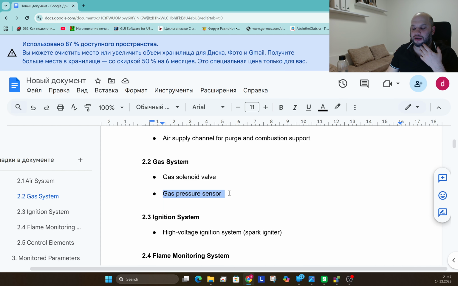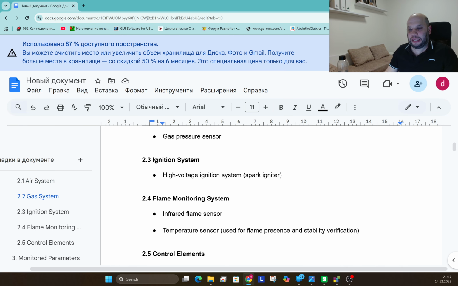Gas pressure sensor on the line. Of course you need to monitor the line. You can use different sensors. It might be a pressostat, or some kind of sensor with analog output membrane. So there are quite many different pressure sensors.